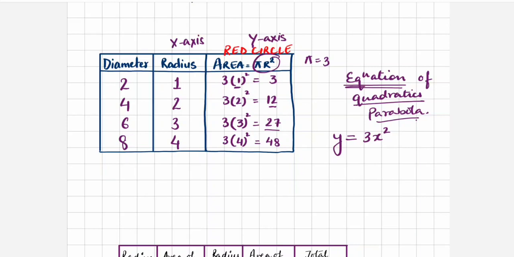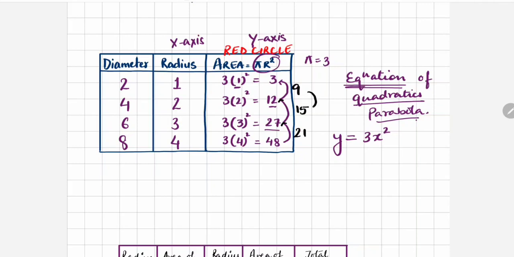Another way of finding the equation, if you can't see that here, is you find the difference. So you will find the difference here. So 12 take away 3 is 9. Let me use a different color just so you can see the difference of what I'm doing. 27 take away 12 is 15, and 48 take away 27 is, what is that, 21, right?